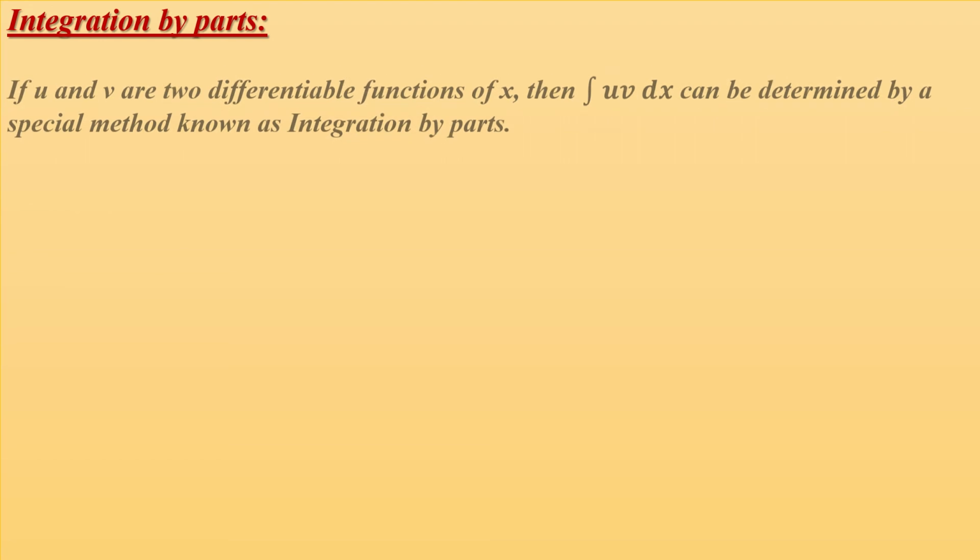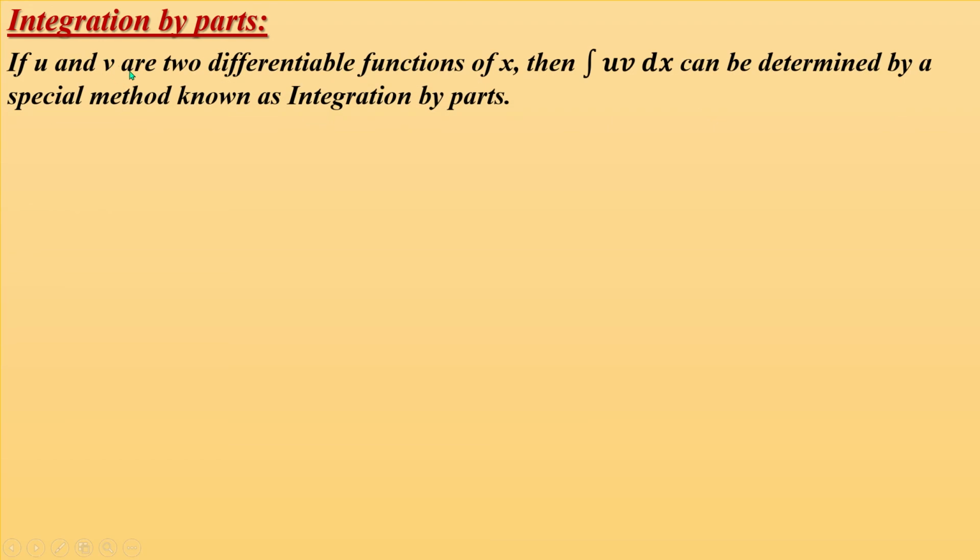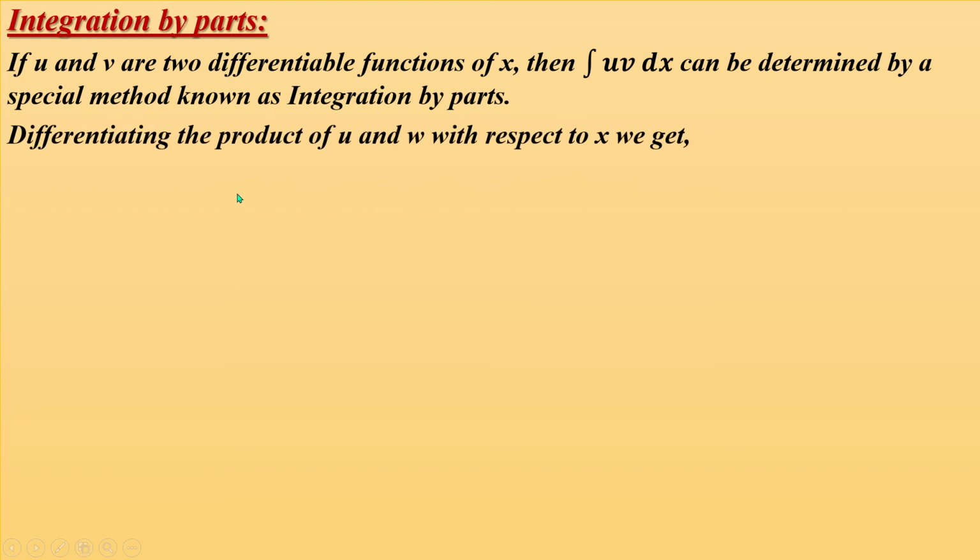Integration by parts. If u and v are two differentiable functions of x, then the integration of uv with respect to x can be determined by a special method known as integration by parts. Differentiating the product of u and w with respect to x, we get the derivative of uw with respect to x.